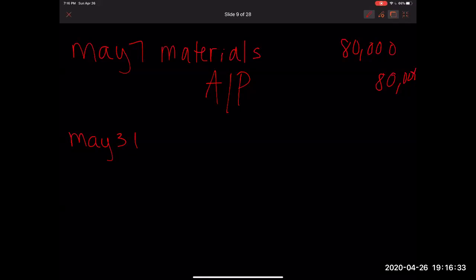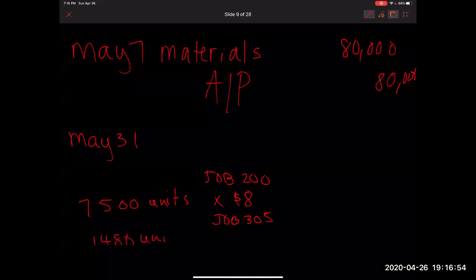You did 750 units for job number 200, and that was at $8 per unit. And then we had another job, number 305, and that was for 1,480 units at $5 per unit, okay? So that's part of all of my requisitions.